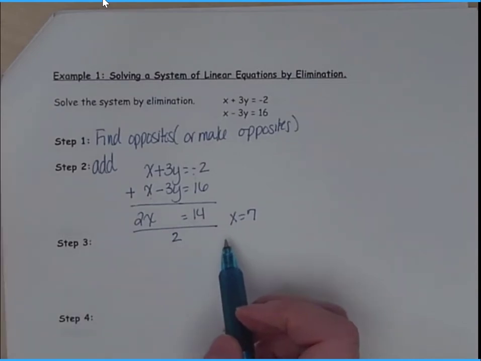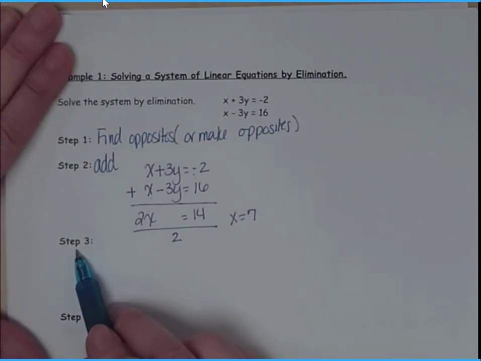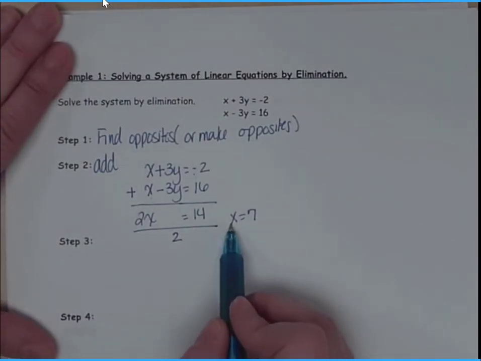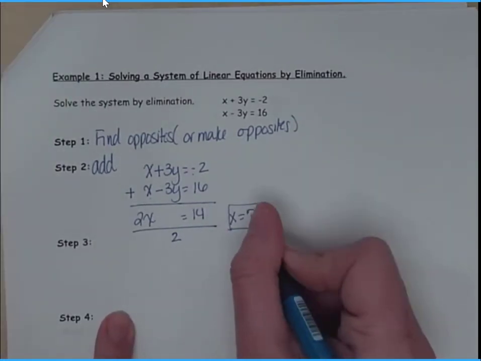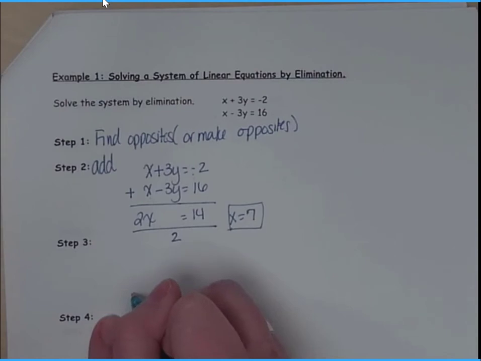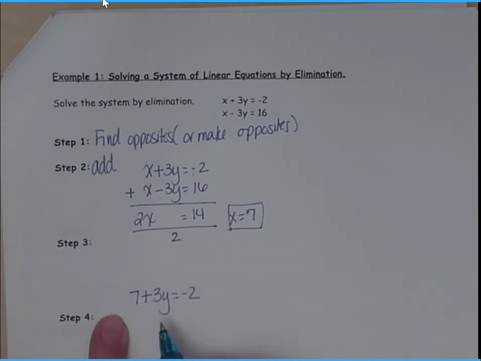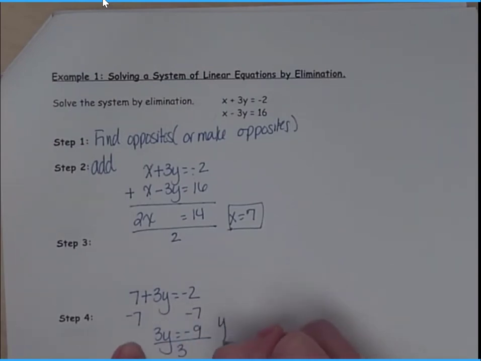The next thing I'm going to do is substitute. We're going to substitute this into our equation. So I have 7 plus 3y equals -2. Now I'm going to solve for y. Subtract 7, 3y equals -9, divide by 3, y equals -3.